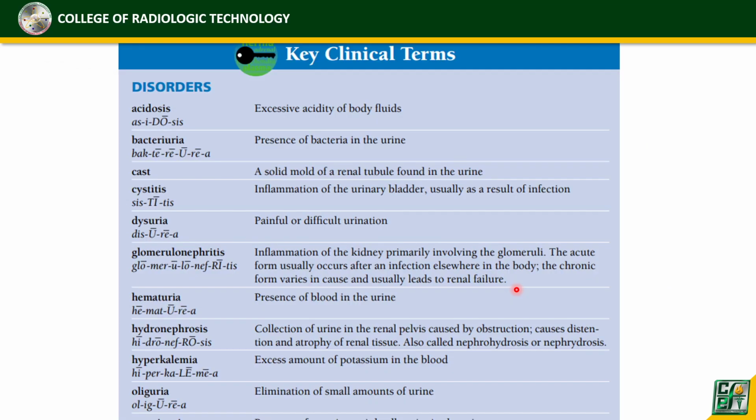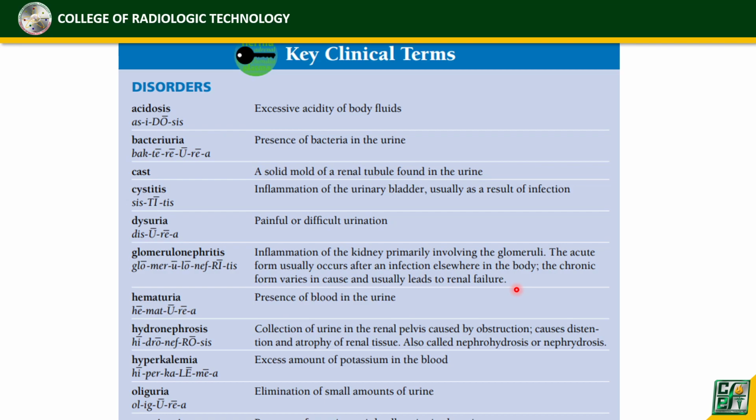So for clinical terms, so acidosis, excessive acidity of body fluids, okay, bacteriuria, presence of bacteria in the urine, okay, cast, a solid mold of a renal tubule found in the urine. So siya ay mold. Ano ba yung mold? Parang amag. Okay?